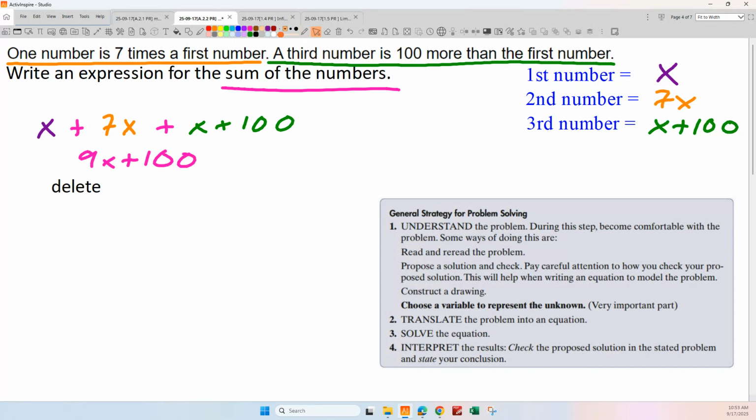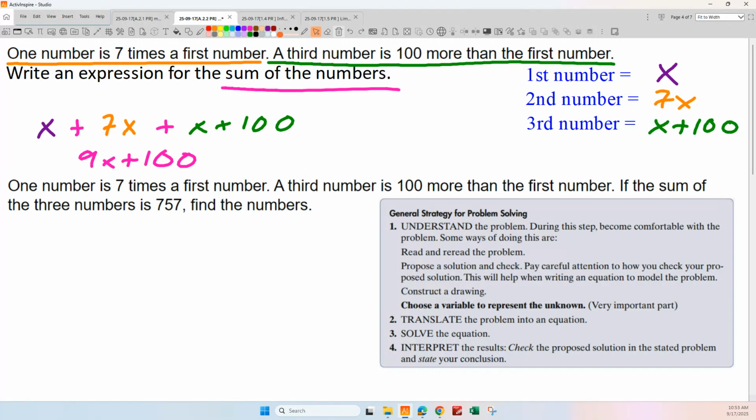Okay, what if this problem were a little bit more extensive? What if instead it had asked us to do that stuff? It told us that information, but it said that the sum of the 3 numbers is 757. Find the numbers. Well, equals, there you go, right? Equals, wouldn't that make sense?